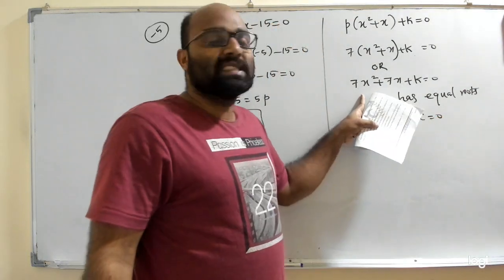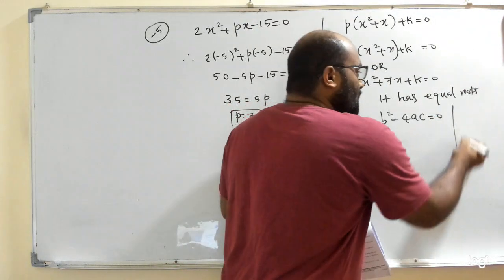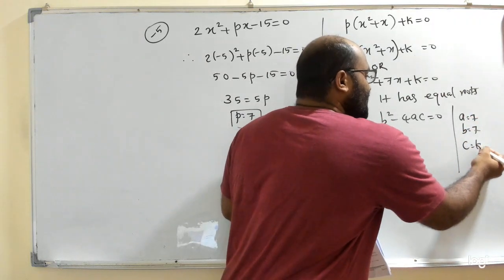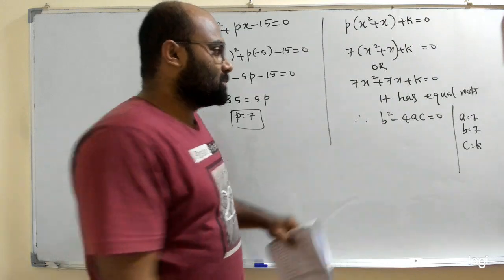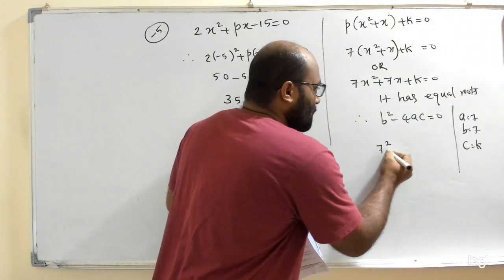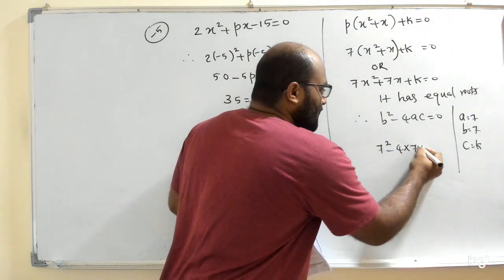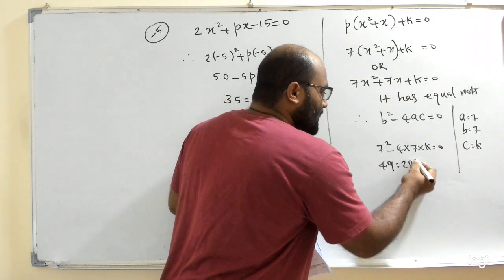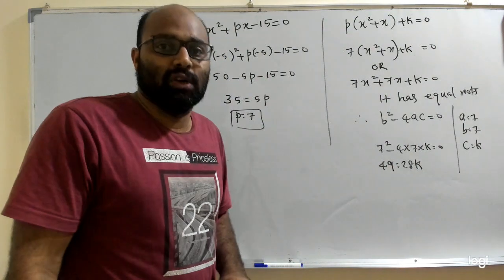What is a? 7. What is b? That's also 7. And c is k. So substitute: 7 square minus 4 into 7 into k equal to 0. 49 equal to 28k, 4 into 7 is 28.